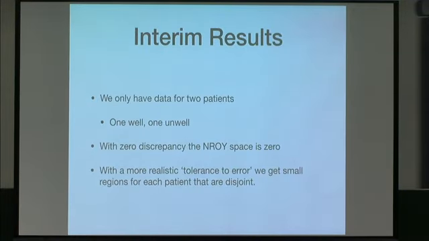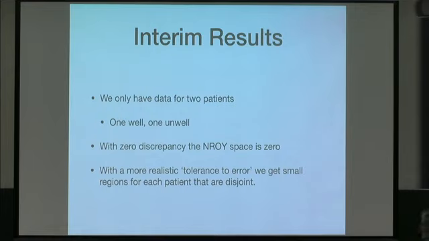So far we've only got patient data for 2 patients, one well and one unwell. Initially we talked to the modelers and the clinicians, and they weren't prepared to give us a discrepancy. So we set it to 0, and if you do that, the model just doesn't fit.